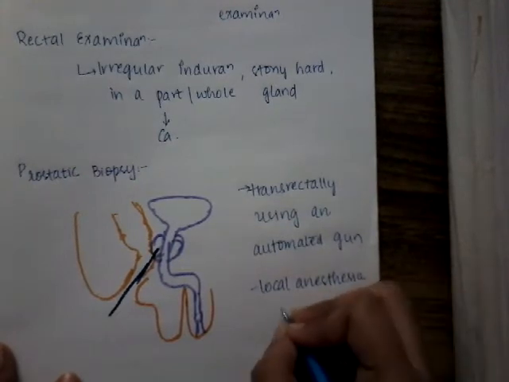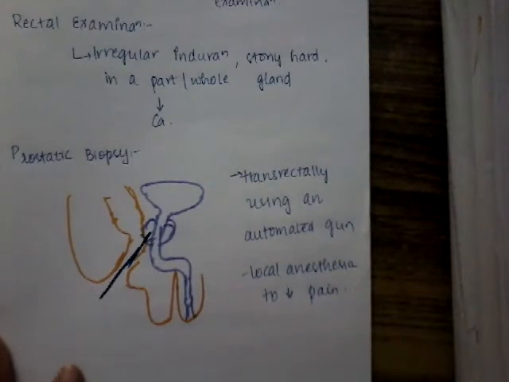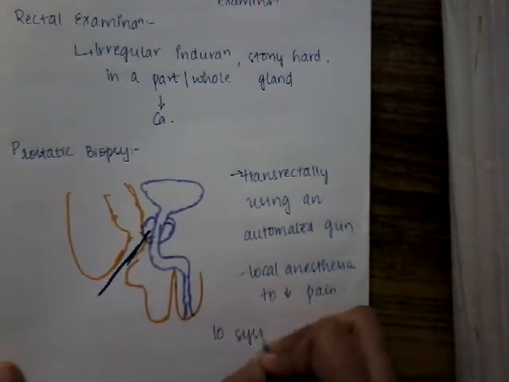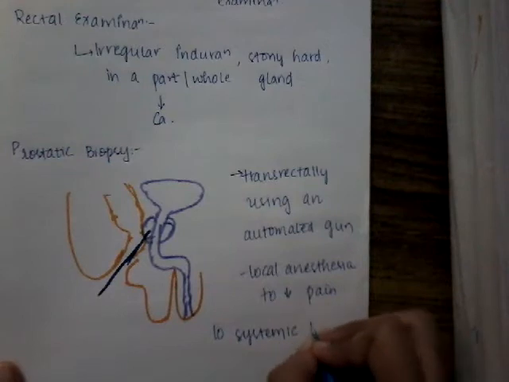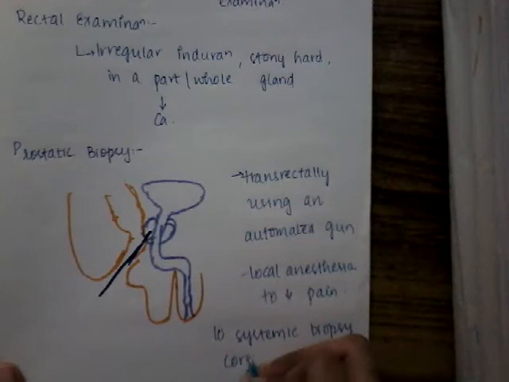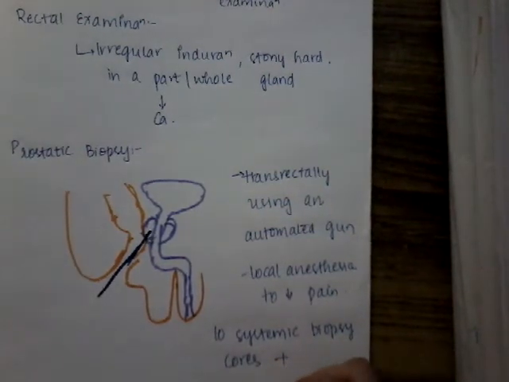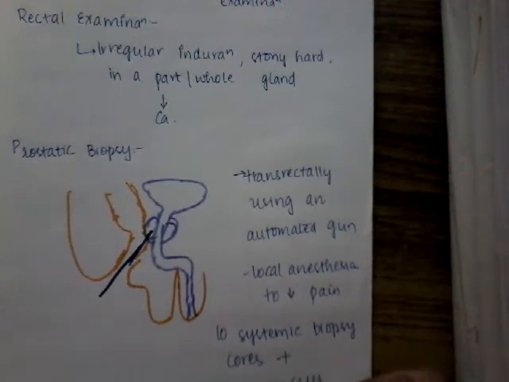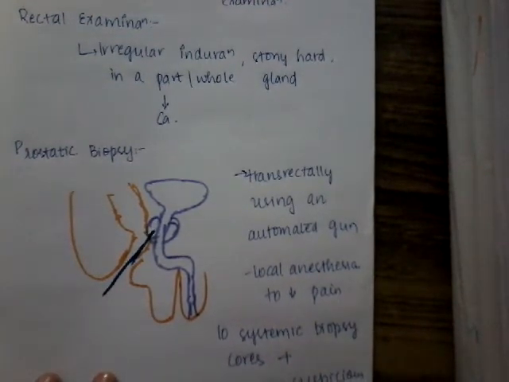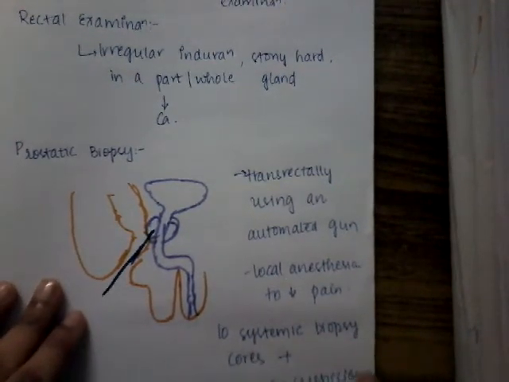Generally we take about 10 systematic biopsy cores plus biopsy of any suspicious area. Okay, this is what is done.